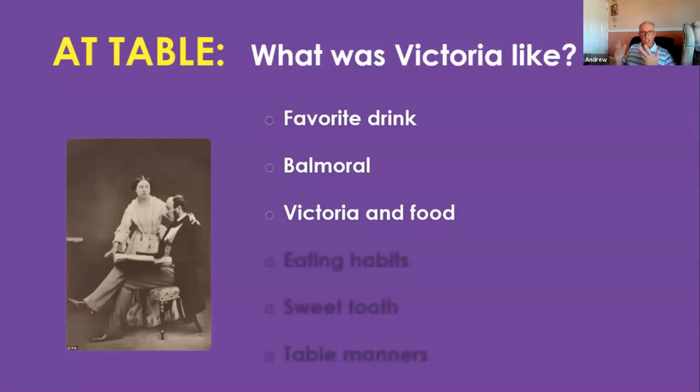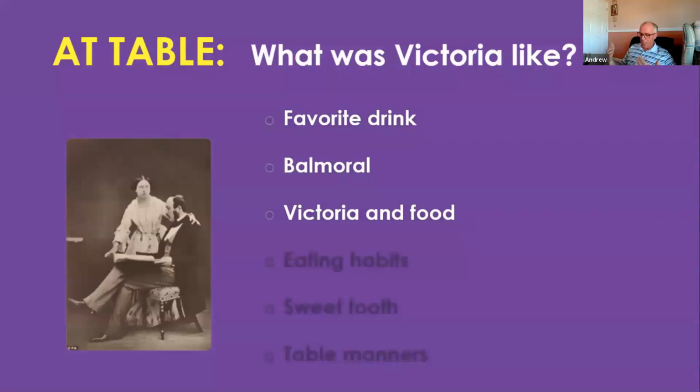Well, we mentioned that she likes scotch. She's got to drink it in her tea. She's got to put it in red wine. Albert is not a big drinker. And I mentioned, of course, that when she bought a property, Balmoral, she's going to order lots of scotch, and she's actually going to have it shipped down to London. She's going to enjoy it in Scotland too, but have it shipped down to London.